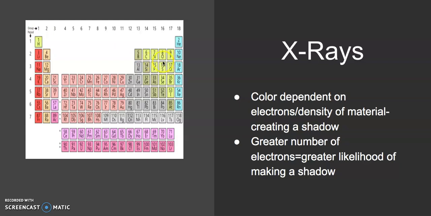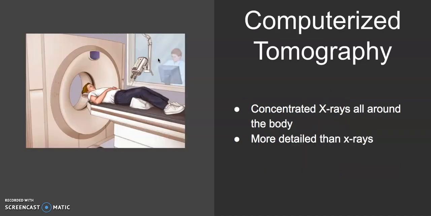And so these all have a lower atomic number and fewer electrons than calcium. And so if you have an X-ray going to calcium, it's going to be more likely to hit something than if you were going into a hydrogen or carbon atom. So the greater number of electrons, the greater likelihood of making this shadow that is then going on to your eventual screen. So let's look at some X-rays.